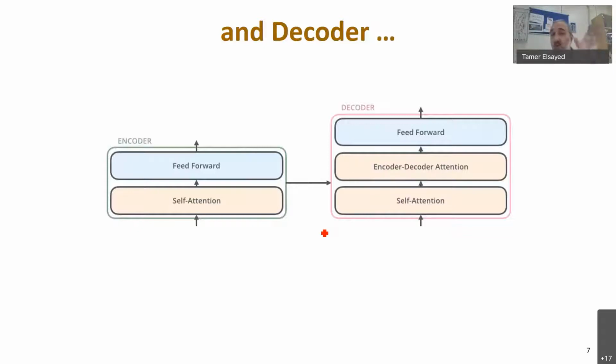We have a stack of encoders that will take the input, learn something out of it, and then pass it to the stack of decoders, and the stack of decoders will use that to produce the final output. Same structure at each block or layer. Each layer of the encoder has two sublayers, self-attention and feed-forward, and each layer of the decoder has three sublayers: self-attention, encoder-decoder attention, and feed-forward.